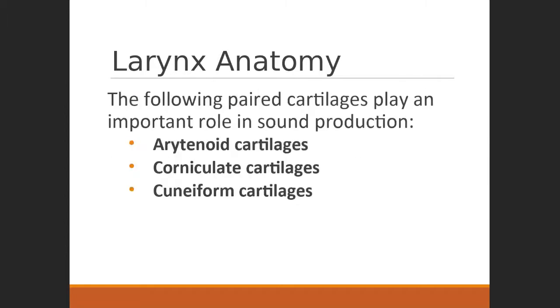We look at the other 6 cartilages now. Remember, 3 pairs. We have our arytenoid cartilages, our corniculate cartilages, and our cuneiform cartilages. Now, these are going to be the ones more so associated with sound production.